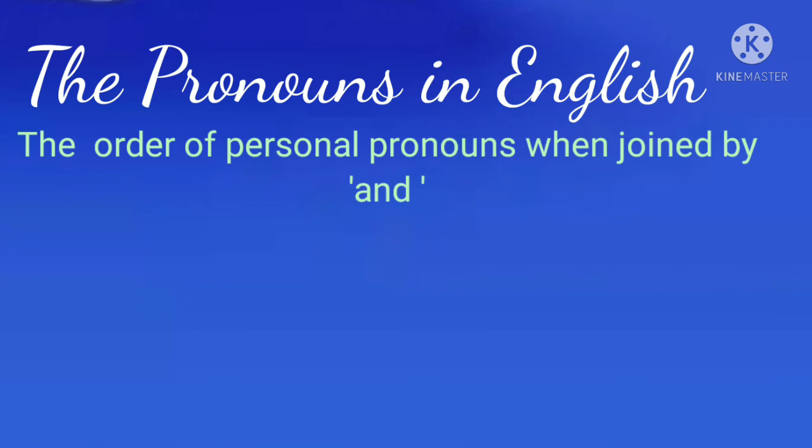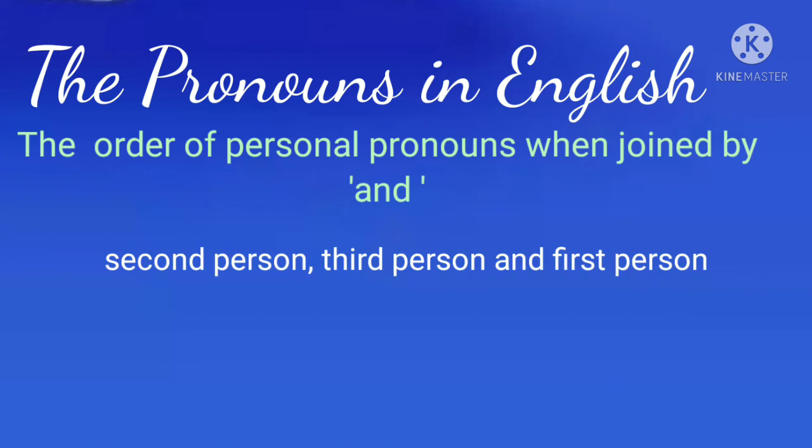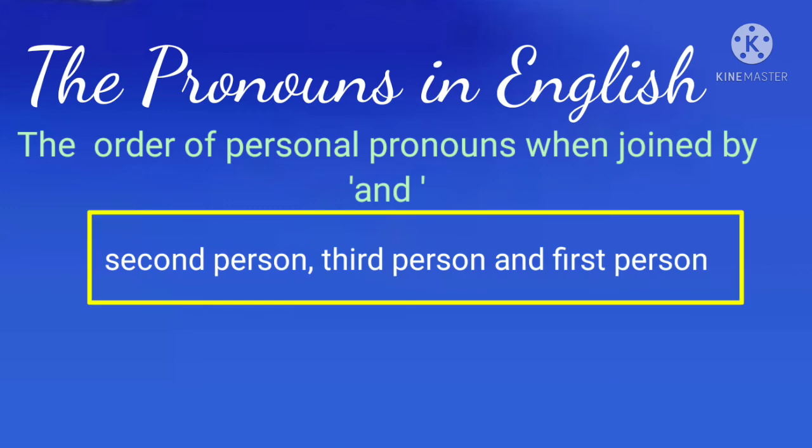Now, when two or more personal pronouns are joined together by the word and, we put them in a certain order. The second person comes first, the third person next, and the first person last. So you have to say you, he, and we. You second person, he third person, and we first person.